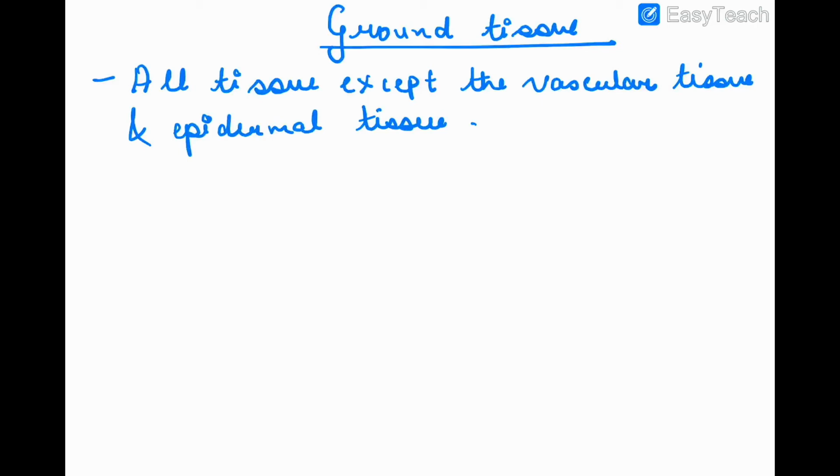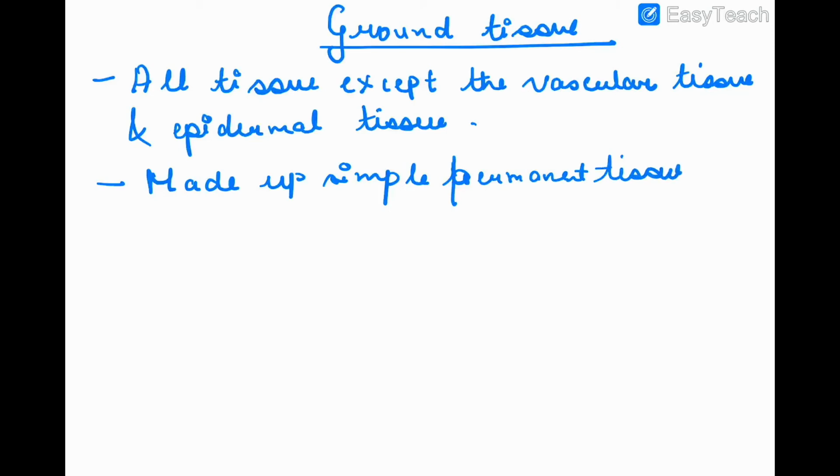So all tissue, if we exclude the vascular tissue, that is xylem and phloem, and we exclude the epidermal tissue, that is epidermis, comprises the ground tissue. It is made up of simple permanent tissue like the parenchyma, collenchyma and the sclerenchyma.